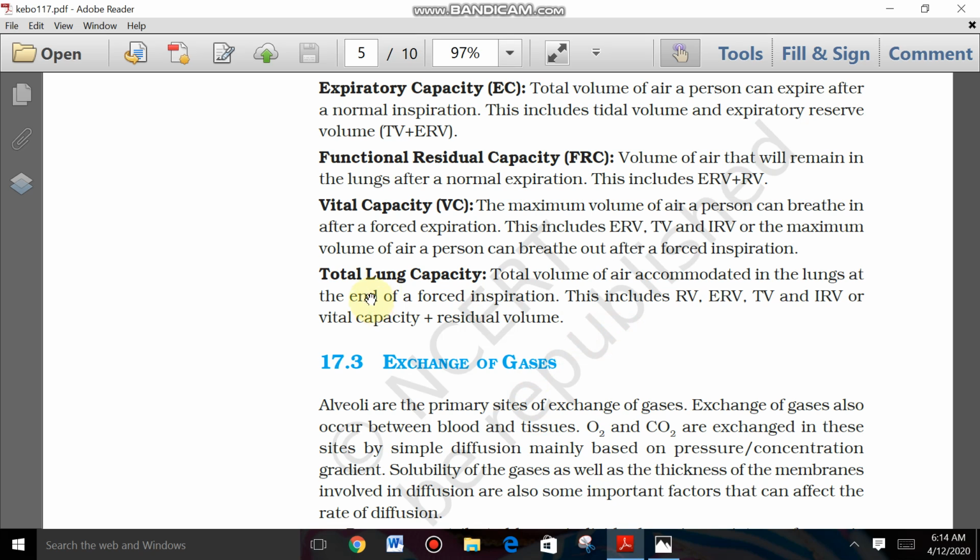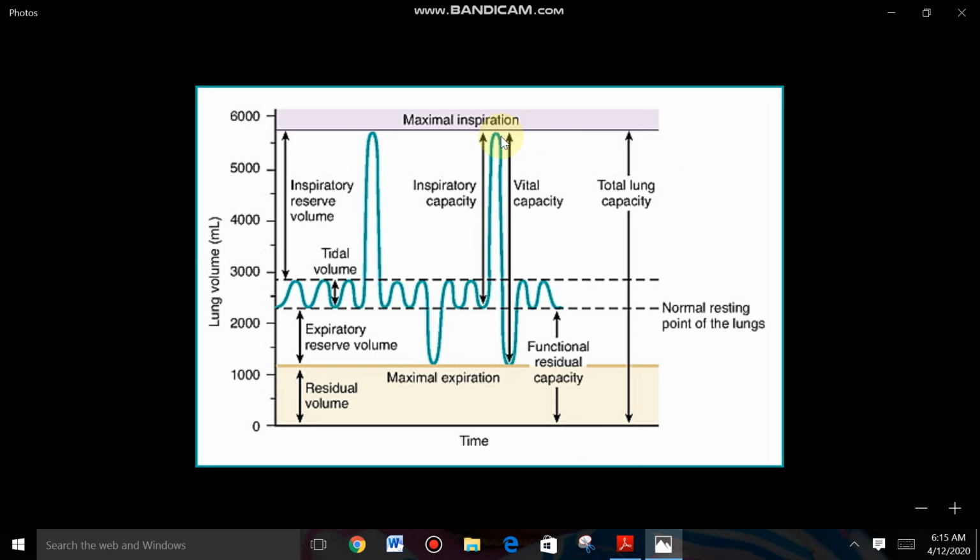Okay, right. Next one, the total lung capacity: the total volume of air accommodated in the lungs at the end of a forced inspiration. In the forced inspiration, the total volume of air present inside the lungs is called total lung capacity.